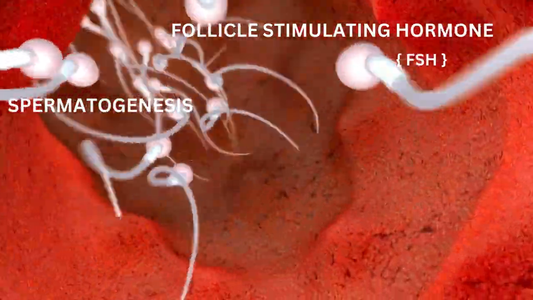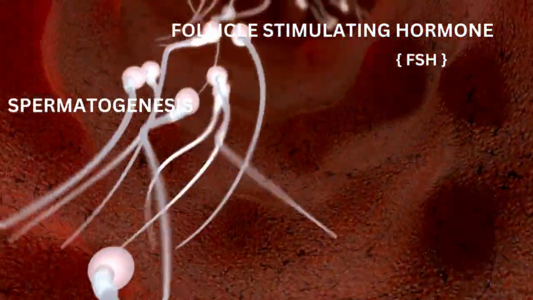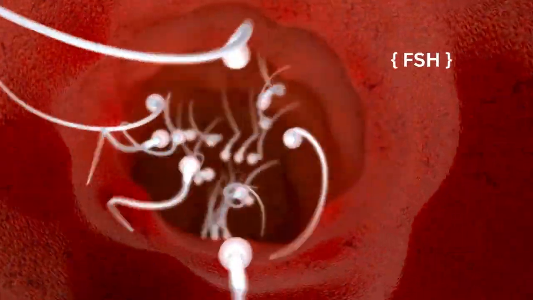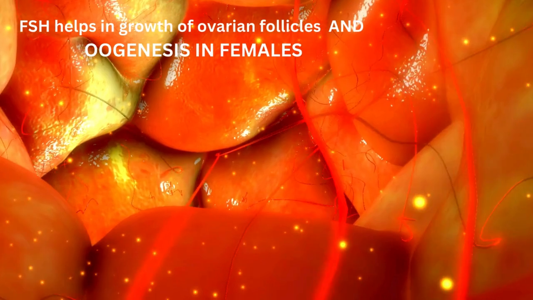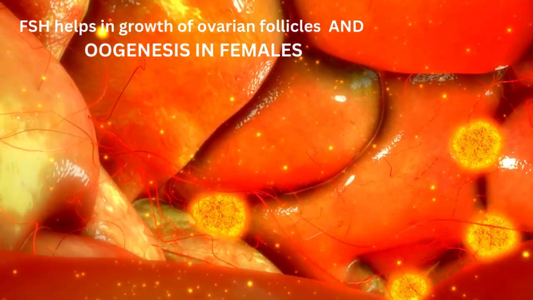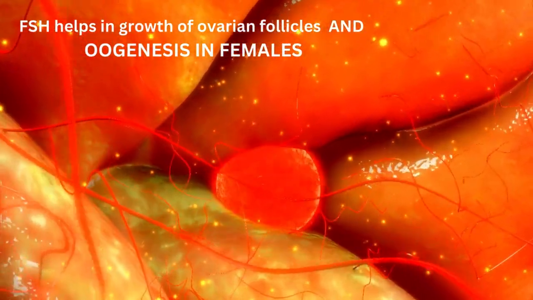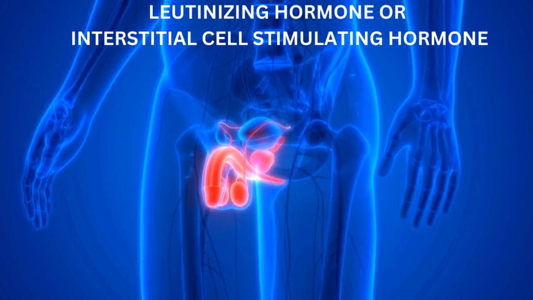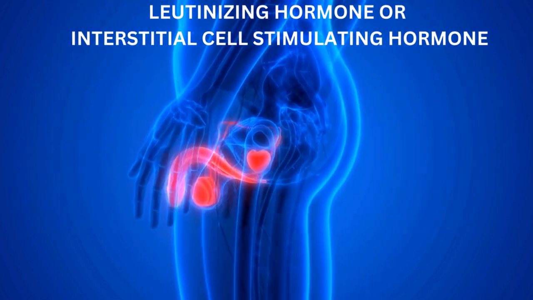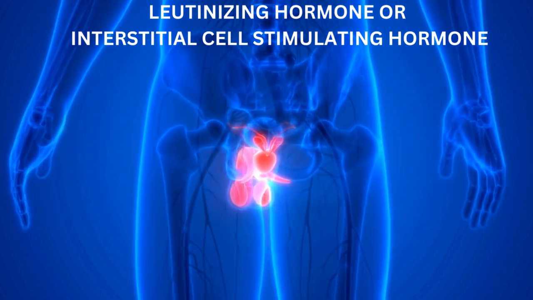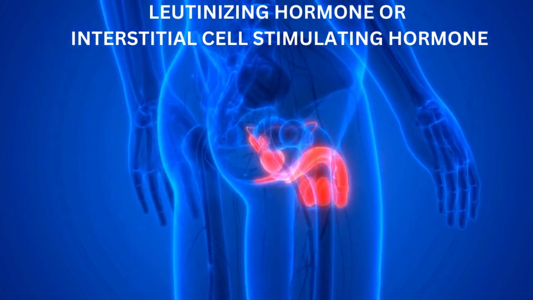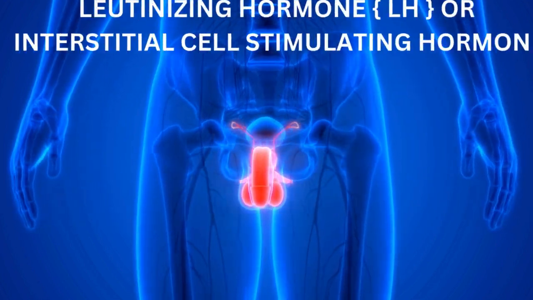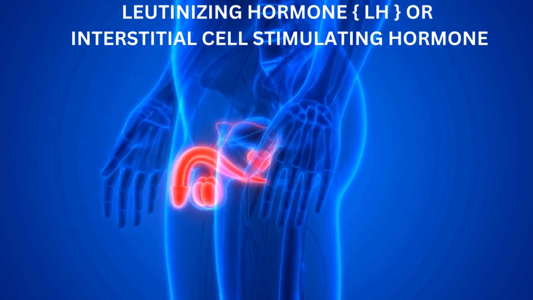After this, let's go to the important hormone called the luteinizing hormone, also called the interstitial cell stimulating hormone. It stimulates the Leydig cells of the testis to produce testosterone. I told you FSH helps in the growth of ovarian follicles and oogenesis.